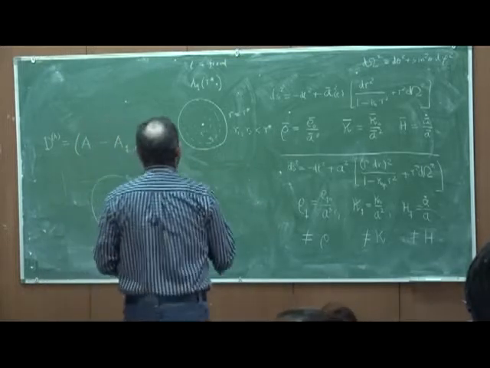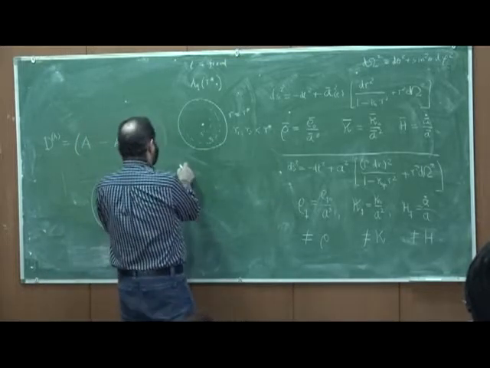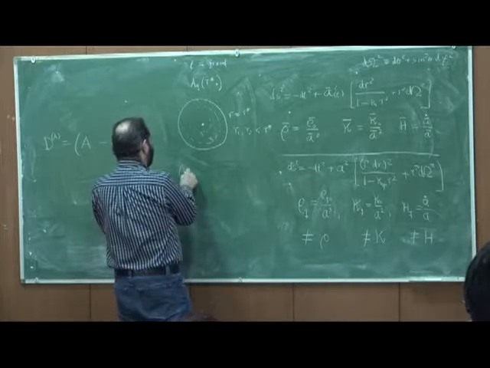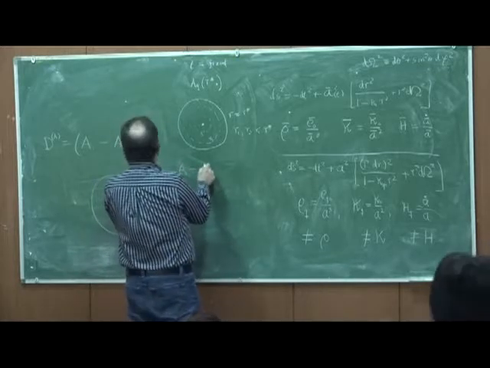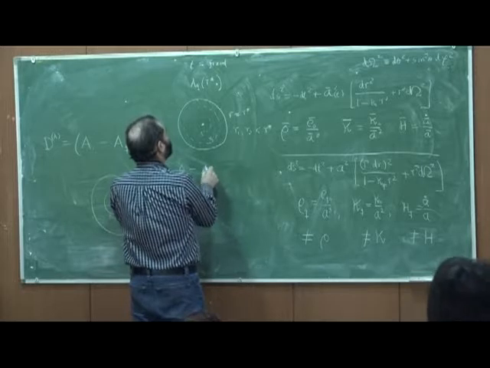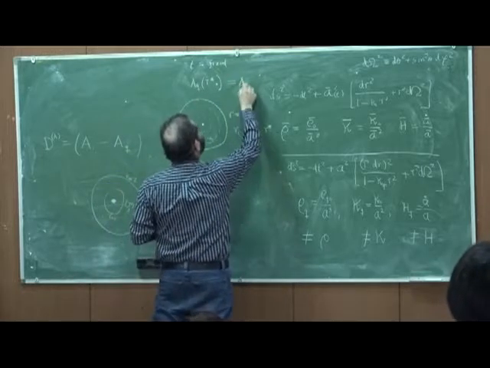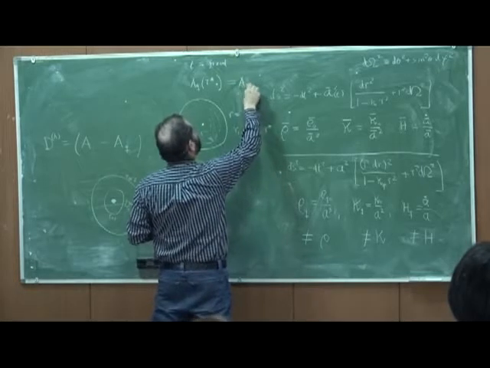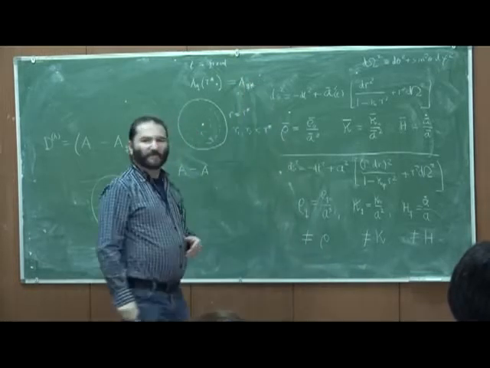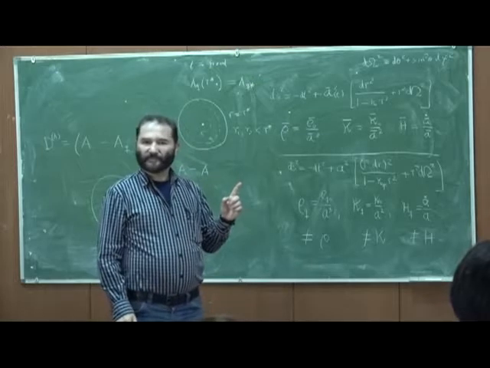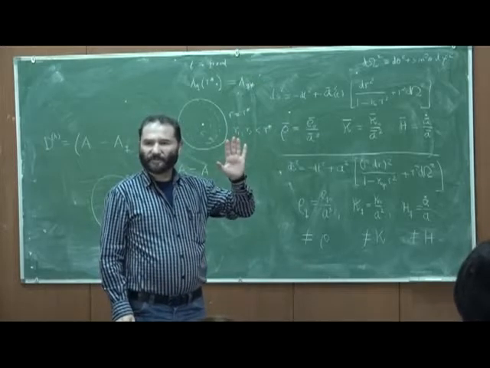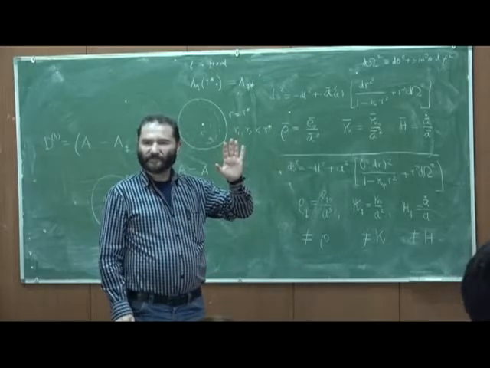And so we make this comparison. We say A minus A Q star, let me call this A Q star, right? Clear? Everything understood? Yes? Okay.